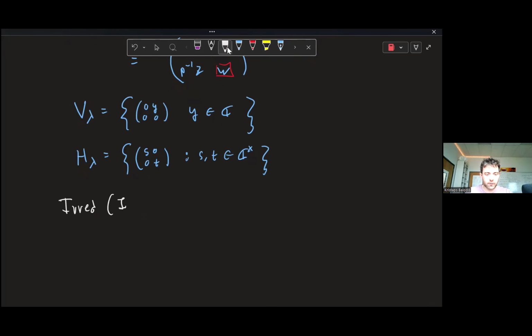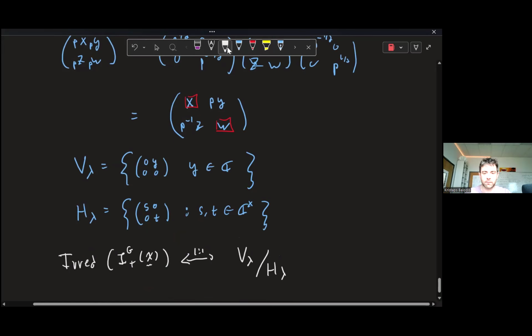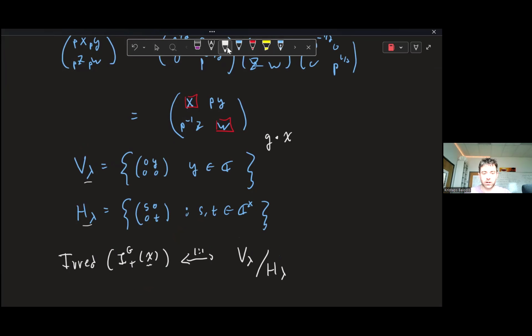which appear in this induced representation from this character chi are in bijection with the orbits of V lambda under, oh, I suppose I didn't tell you what the action is. It's also conjugation. So an element G in H lambda acts on an element X of V lambda by conjugation.